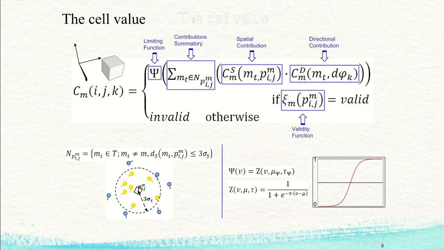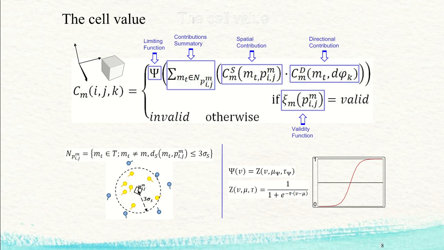I am going to describe all the things which have been written: the limiting function, contribution summary, spatial contribution, and directional contribution. First we need to know which cell we are going to consider and which one we are not. If the cell value is valid, then we will consider it, else we are not going to consider it.